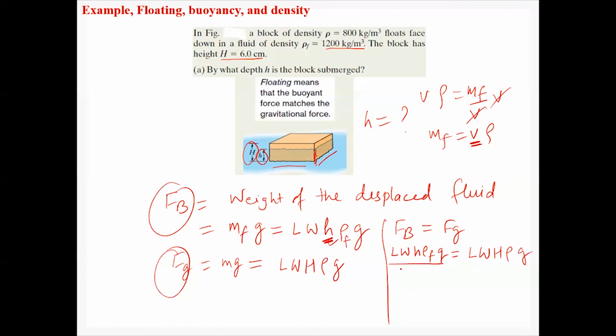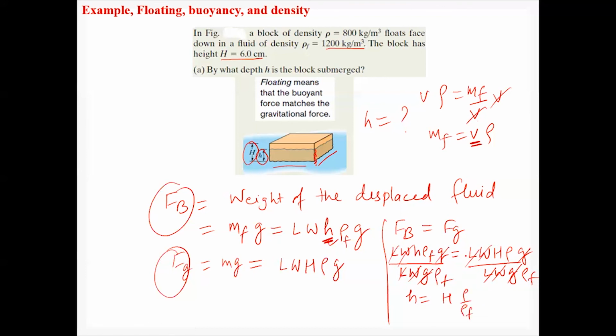So divide both sides by L W g. L, W, g cancel out. If you also divide by rho f on both sides, then you have little h equals H times rho over rho f.